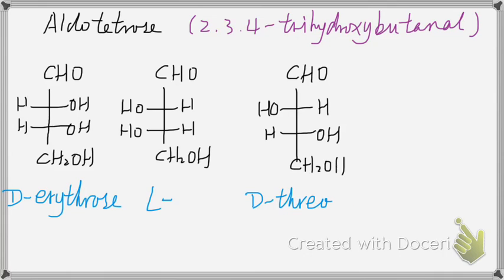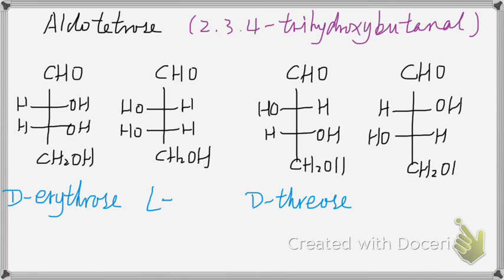The next isomer is called D-threose. The 2 OH groups on the chiral carbon will be on the opposite side in the Fischer projection. And its mirror image is the L-threose. Okay, so there are 4 stereoisomers for aldyl tetrose.